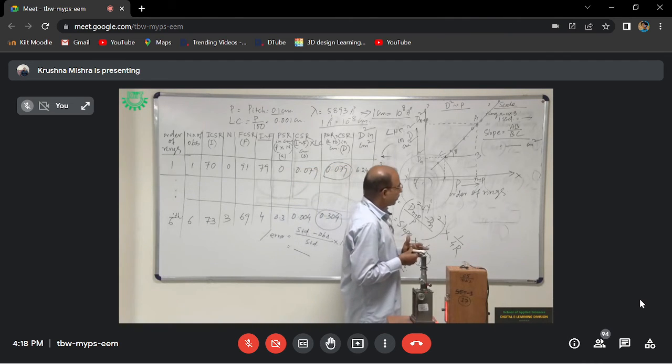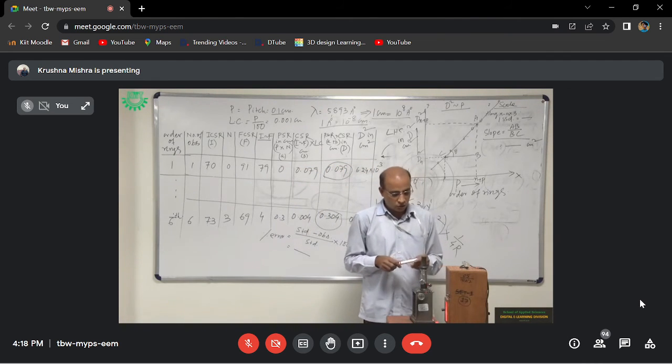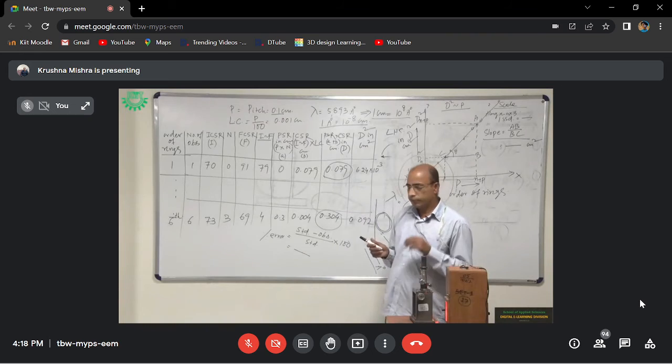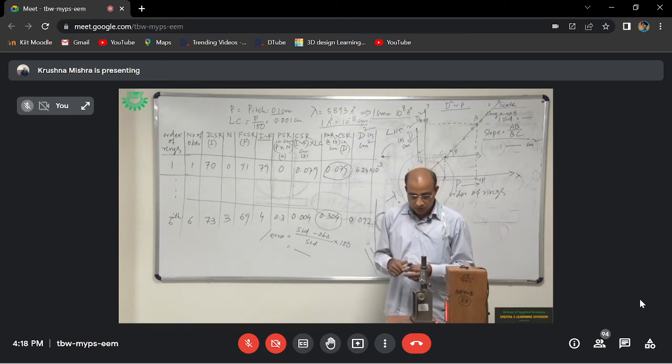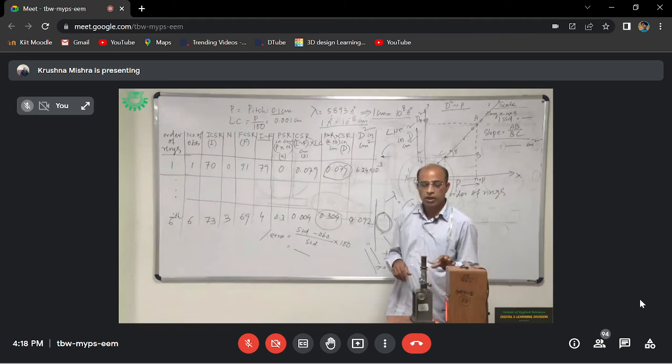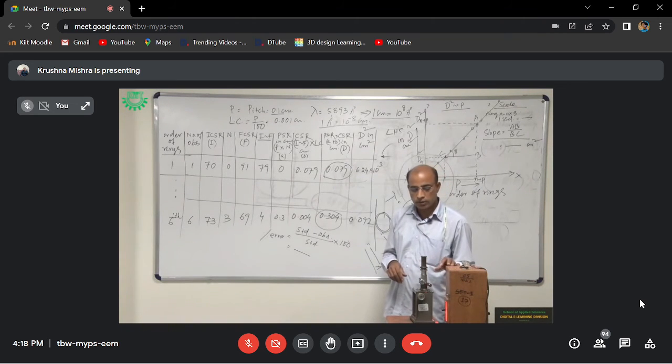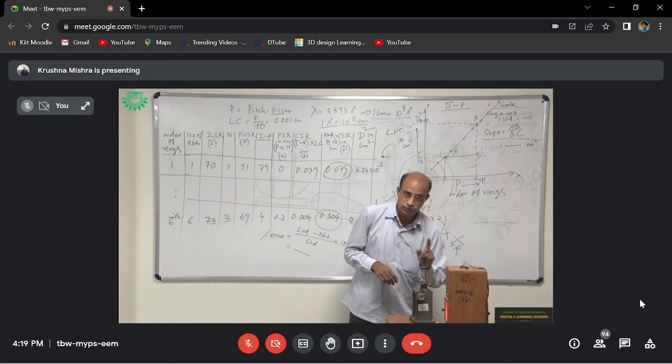And some precautions we have to follow while performing the experiment. The light source should not be tilted, it should be incident perfectly normal, facing this glass plate.